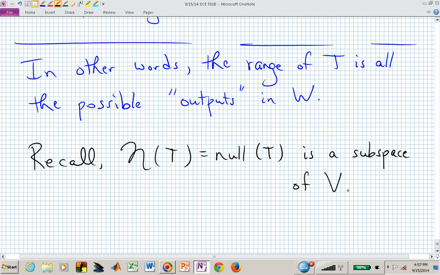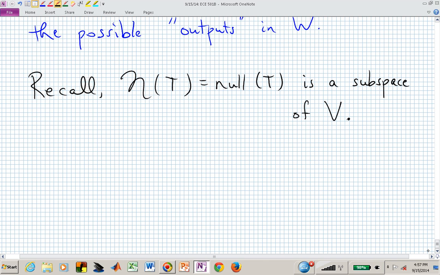V. That was the domain subspace, or a subspace in the domain.